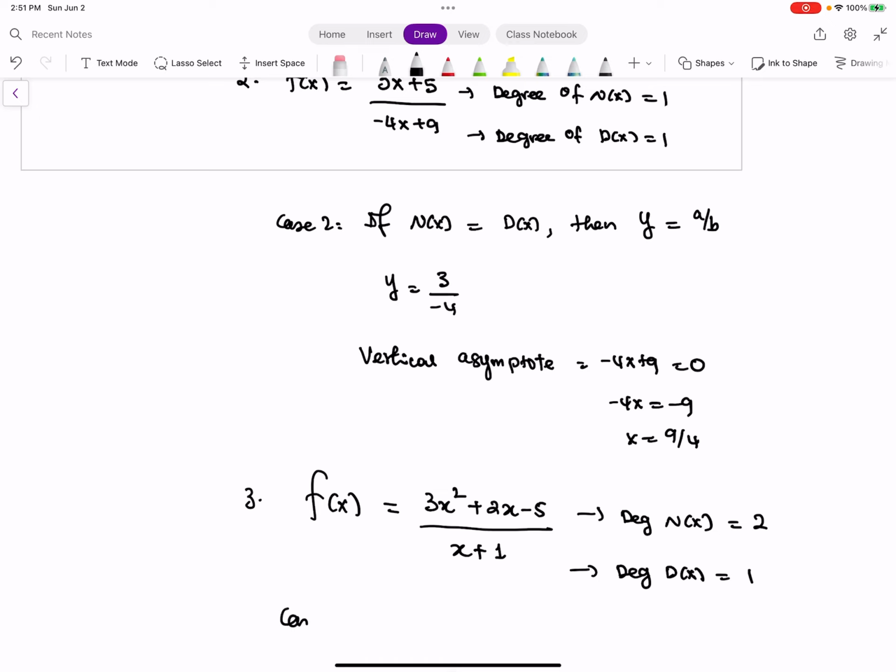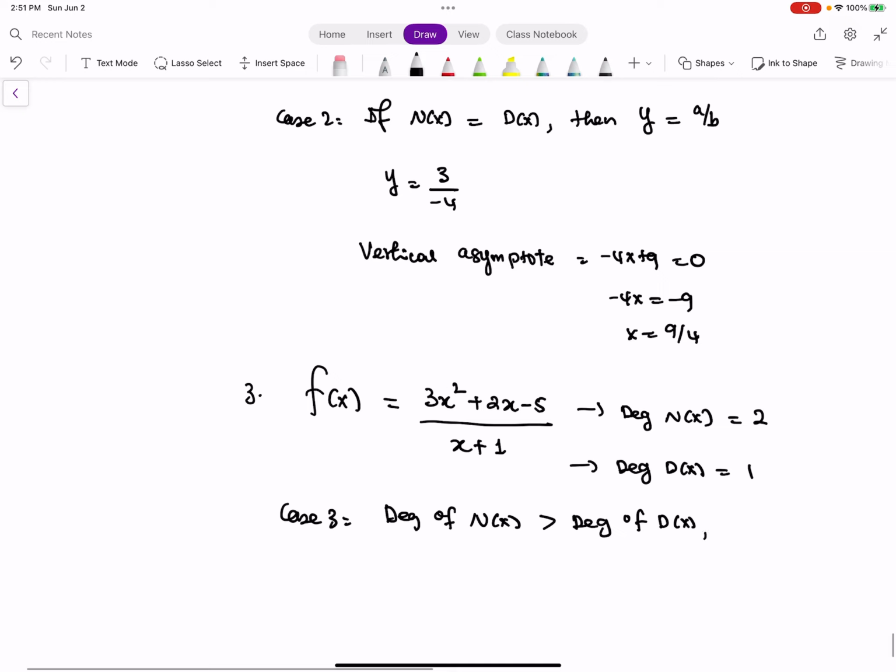So case 3: the degree of n of x is greater than the degree of the denominator, then there is no horizontal asymptote.